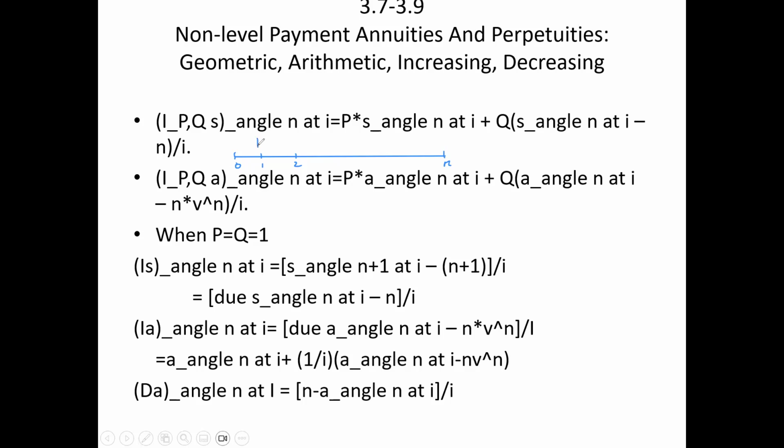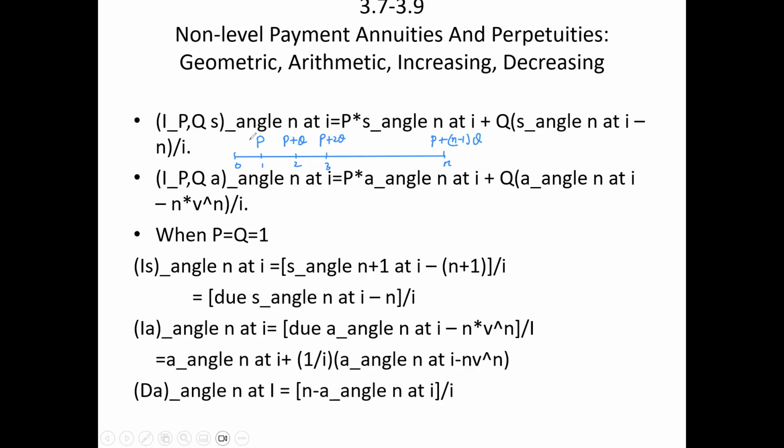So you have P here. Each time period you're going to pay P, but starting from the second one, you add Q there. So here's P plus 2Q, and then finally you have P plus n minus 1 times Q. Okay.